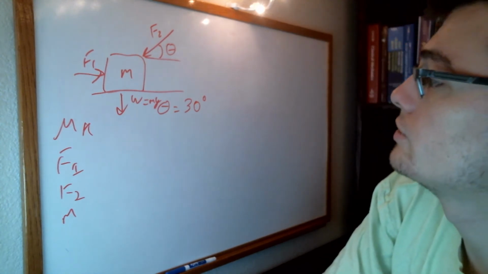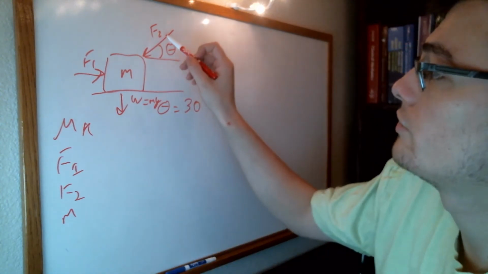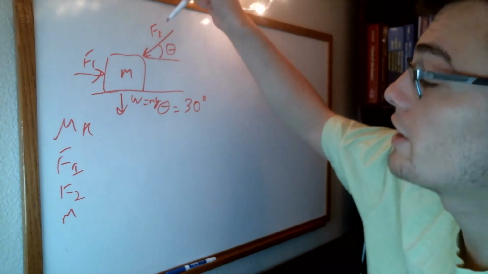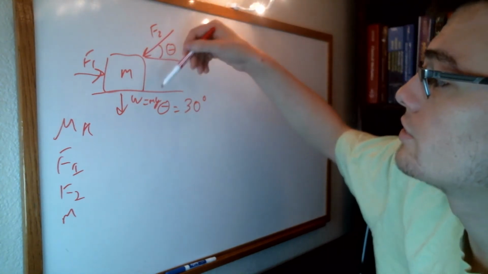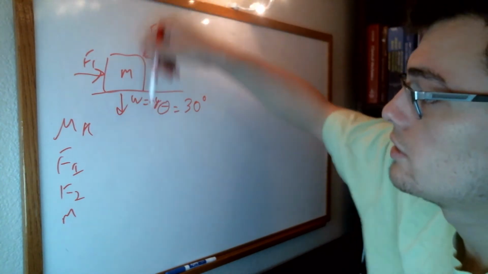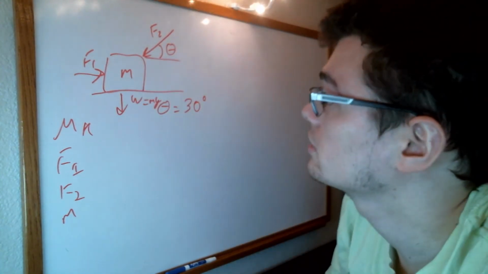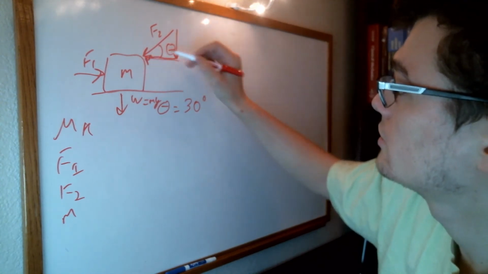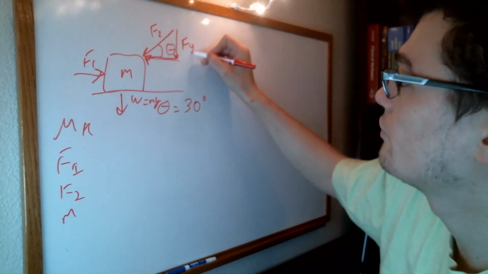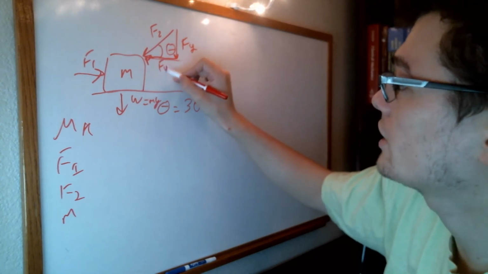But we have to add on some of the force, because the force here is going to increase the downward force. If we break this into its components, this is Fy, this is Fx.